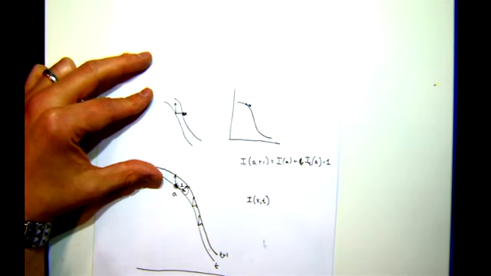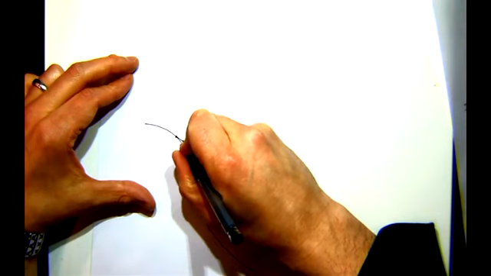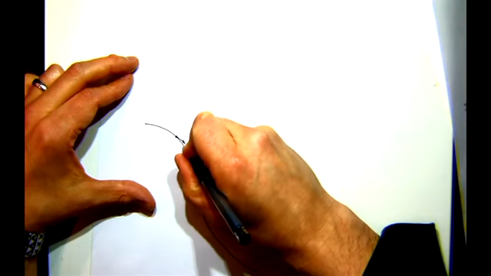Sorry, let me just get new paper. Okay. So I'm here. I estimate the position of the next point based on the gradient. And I'm a bit off in the y direction because it wasn't just a straight line. It actually curved on me.